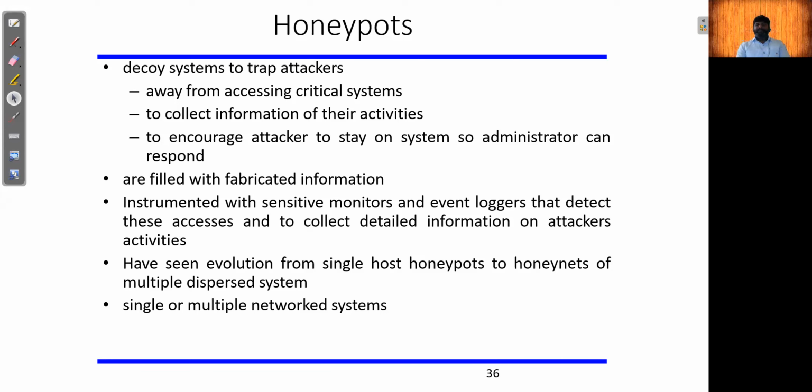For that we discussed different types: statistical anomaly detection, profile based anomaly detection, and threshold based anomaly detection. Also we discussed the intrusion detection system which can be applied for an individual device or for the network, that is host IDS as well as network based IDS. So these are the contents which we discussed in our previous session.